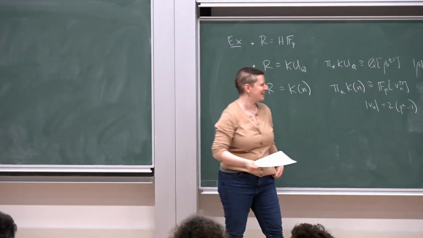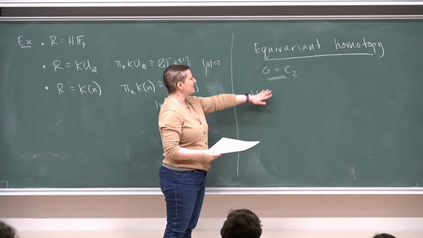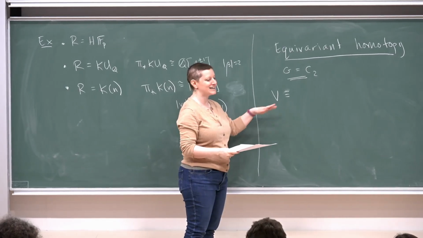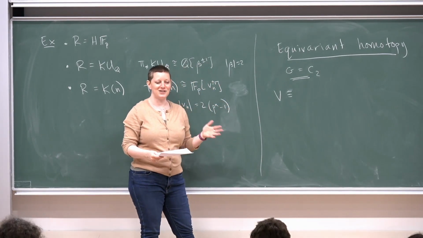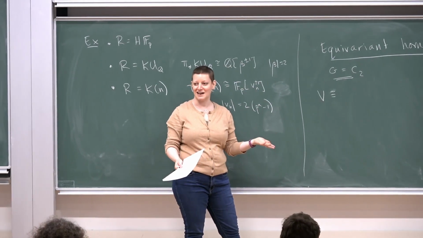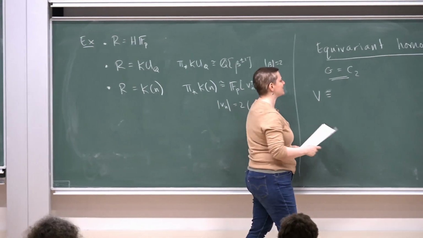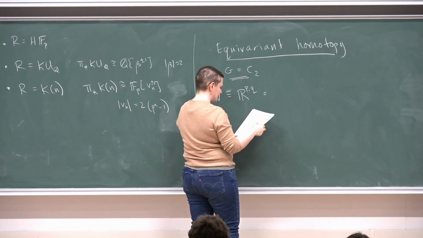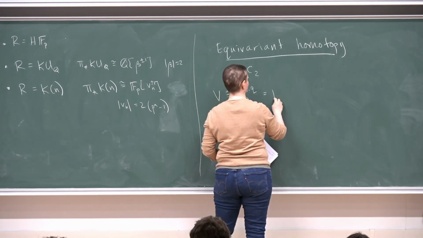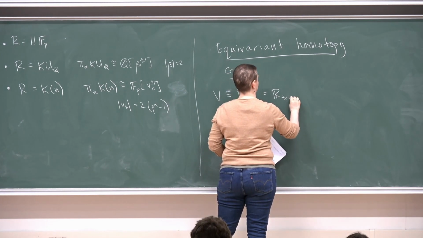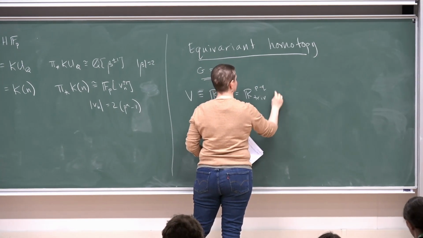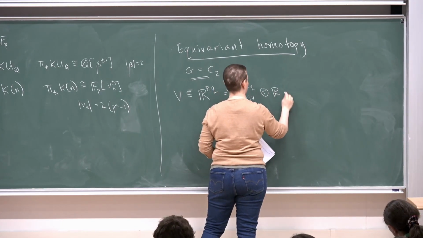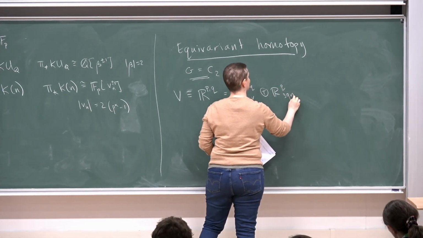I think it was yesterday that I told you that any C2 representation, any real representation, well, the irreducibles are trivial and sign representations. So I can write this representation V as Rp,q, and I'm using the same notation as last time. I mean by that p minus q copies of the trivial representation and q copies of the sign representation.